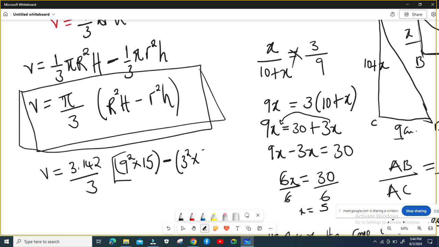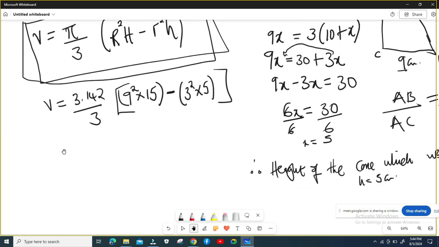At this juncture, we just need to simplify. We have 3.142 over 3, and then 9 squared times 15. You can agree with me that it is 1,215. Can you use a calculator? If I've made a mistake, can you raise a hand?